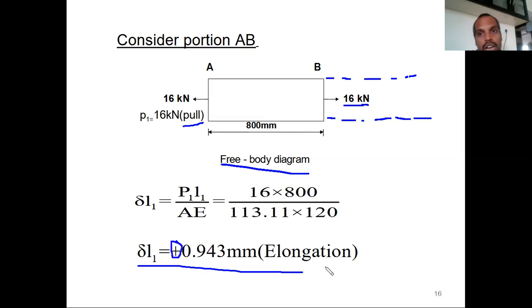Taking elongation as plus is not a hard and fast rule. We can take elongation as minus and contraction as plus, but in general we consider elongation plus and contraction minus. That's the convention we are following.